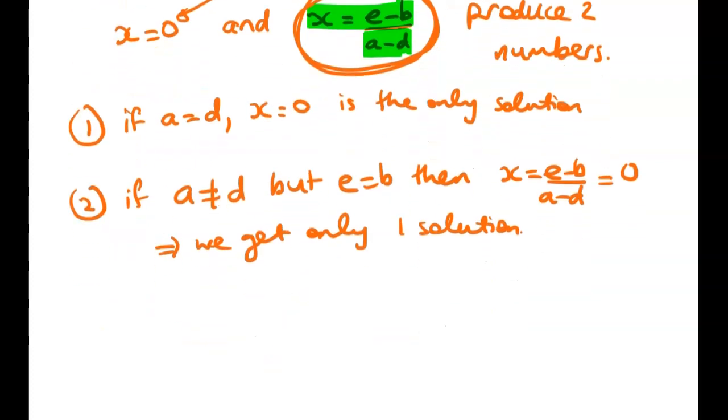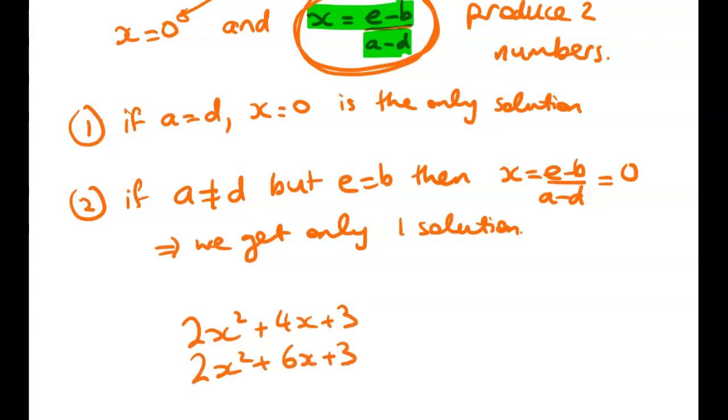Okay, for example, if we had 2x squared plus 4x plus 3 and 2x squared plus 6x plus 3, then we've got a is equal to 2, b is equal to 4, d is also equal to 2, and e is equal to 6.